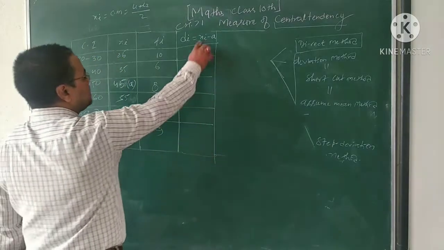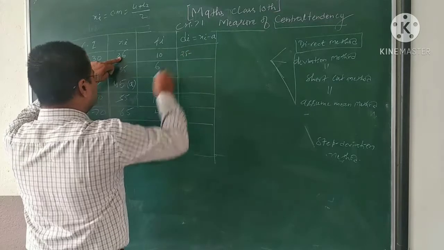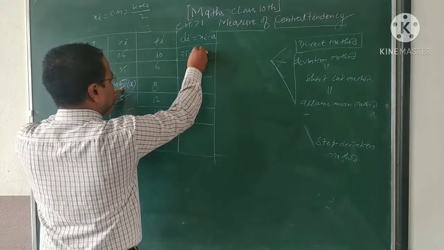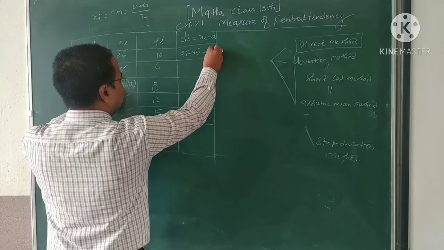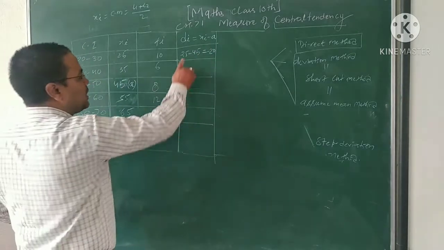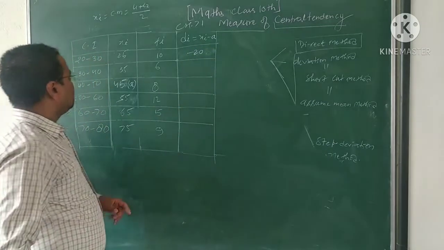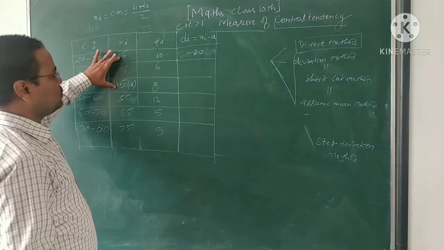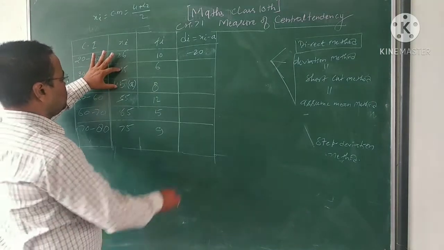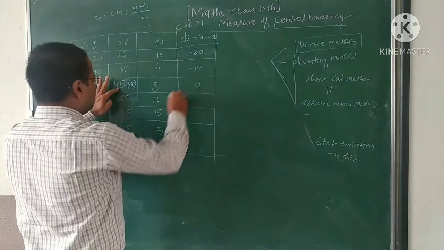Here if we write xi minus a, what is 25? 25 minus 45, and what is this? This will be minus 20. No need to represent this; you can write directly also. 25 minus 45 is minus 20. 35 minus 45, that will be minus 10. And here 45 minus 45, that will be 0.